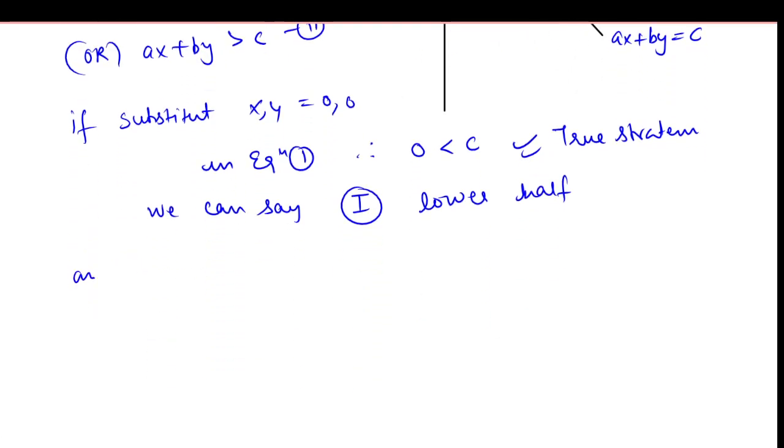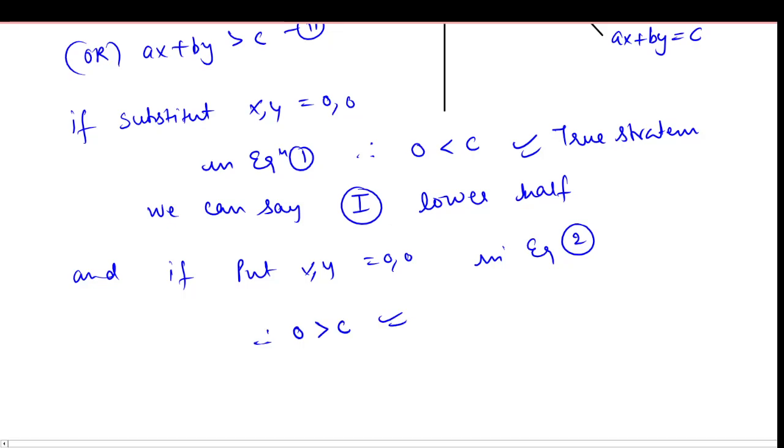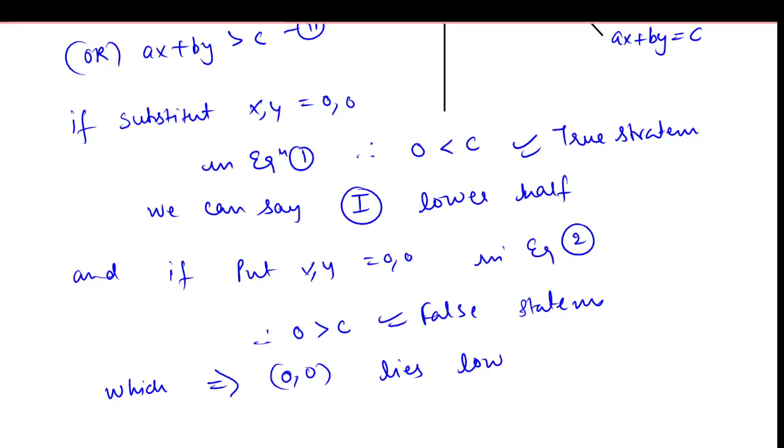and if we put x comma y equal to 0 comma 0 in equation 2, then we get 0 is greater than c, so this is a false statement. Which implies 0 comma 0 lies in the lower half plane.